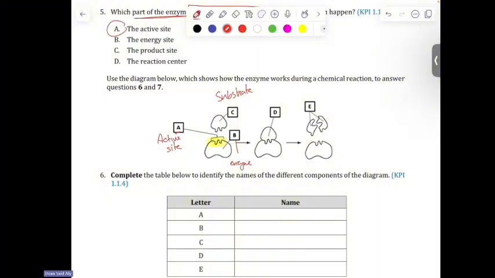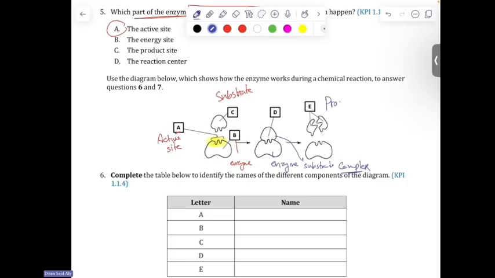Again, في الامتحان if you forgot what its name, Miss said that this is the enzyme, right? Its name, enzyme. And what is this? Substrate. And it's a complex لأنه it's a big or two things together, so we call it enzyme substrate complex. Then by the end of the reaction, what is formed?